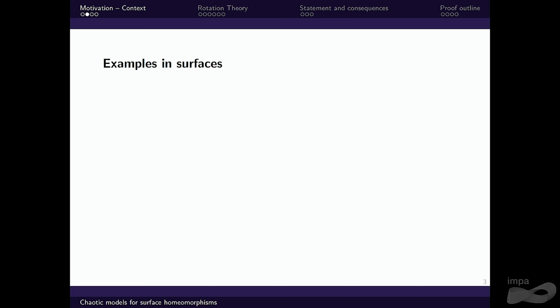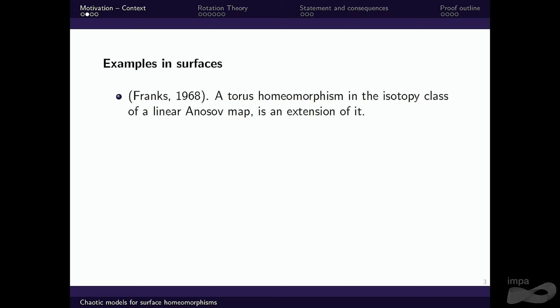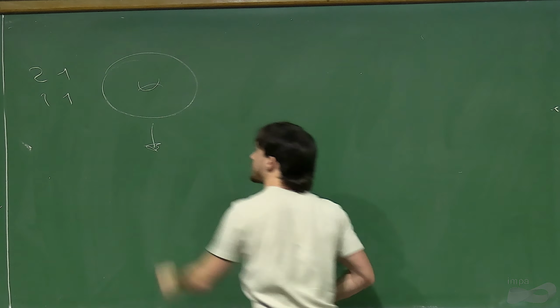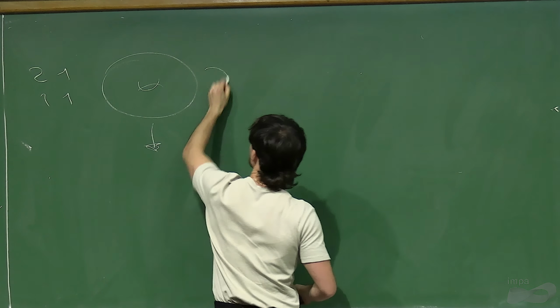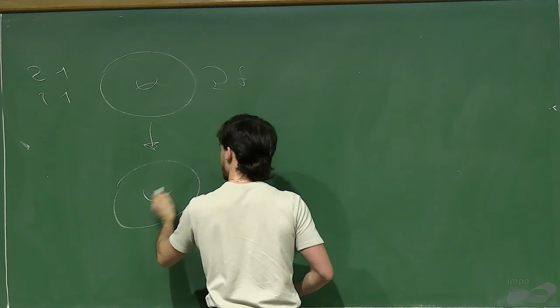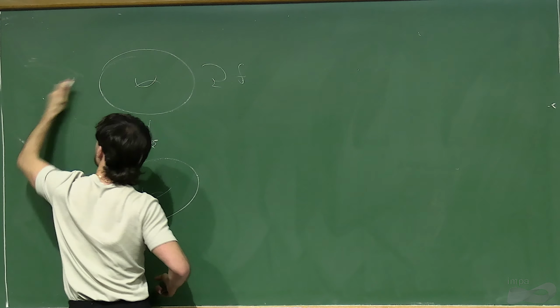Surface dynamics. A really classical one is a torus homeomorphism in the isotopic class of a linear Anosov map. So what we are saying is that in that class, the linear model, which is very well understood, is a good model for any system which acts the same in homology. You have something horrible, and then downstairs you have your linear model.